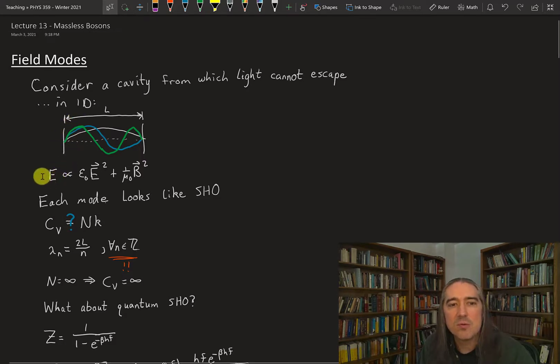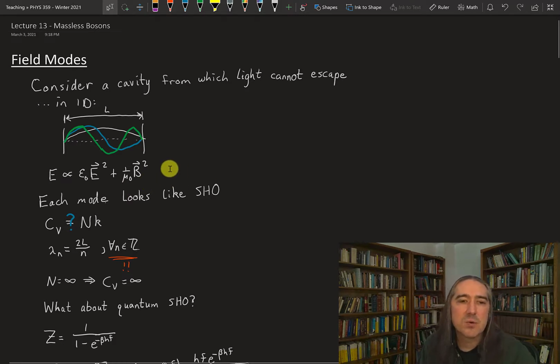Well, hopefully you've seen in E&M that the energy density of an electromagnetic field is proportional to the electric field squared with the permittivity, plus the magnetic field squared with the permeability. That's the energy density, and a mode fills a certain volume, so the total energy is also going to be proportional to this, as well as the volume.